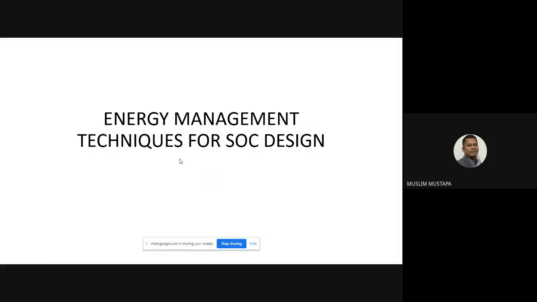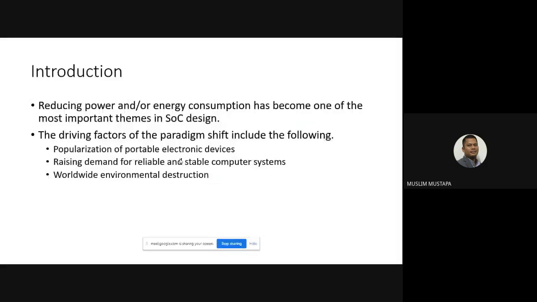So this is the introduction. As you know, reducing power and energy consumption has become an important theme in SoC design. People want something that can last longer, like your smartphone or your smartwatch, because it's annoying when you need to charge it a lot.